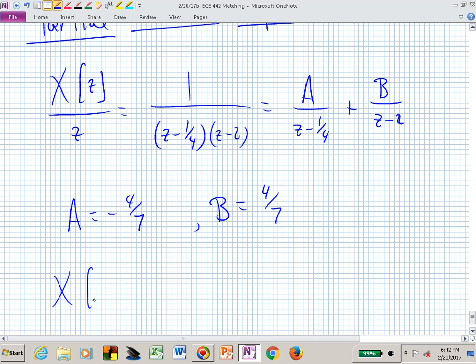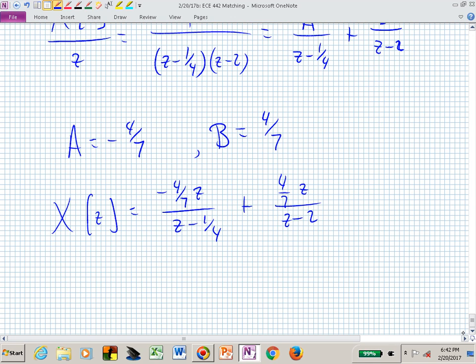So that now X of z is minus 4 over 7 z over z minus 1/4 plus 4 over 7 z over z minus 2. And I'm going to now call this one X1 of z, that's my splitting, and here's X sub 2 of z.